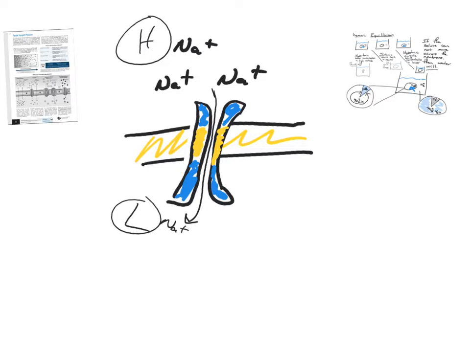You're going to use what's there that's coming in, correct? But it's not just diffusion, is it? Because there's something else going on. There's a protein helping it. What's another word for help? Help, assistance.